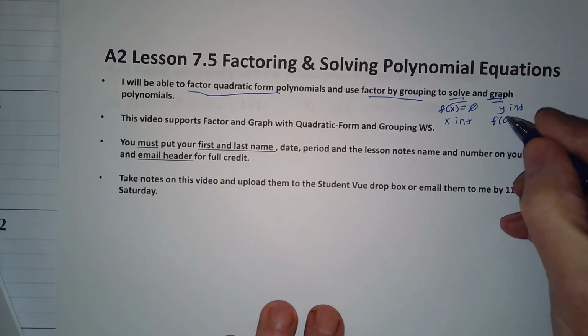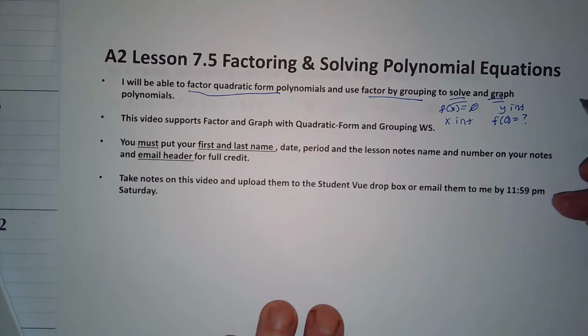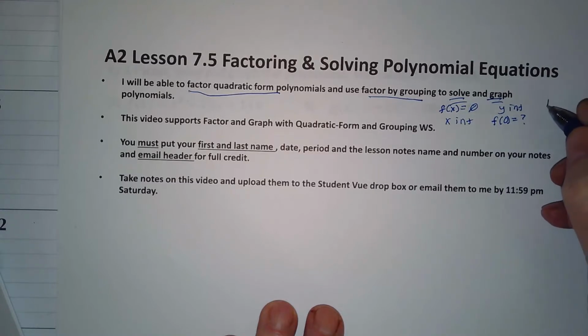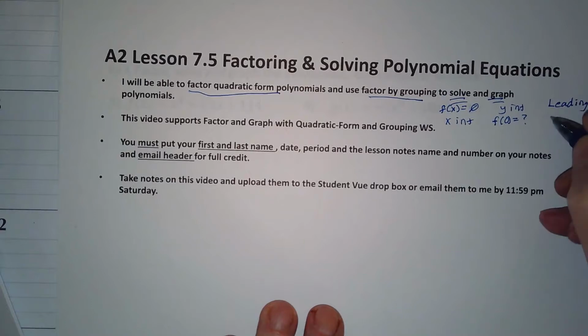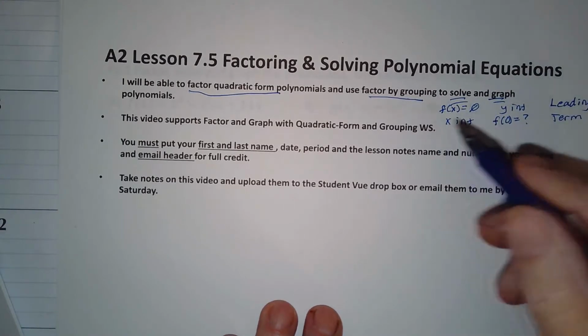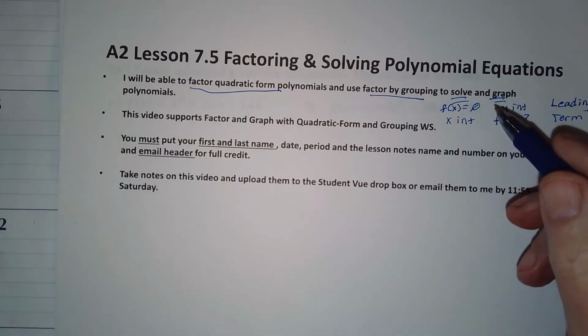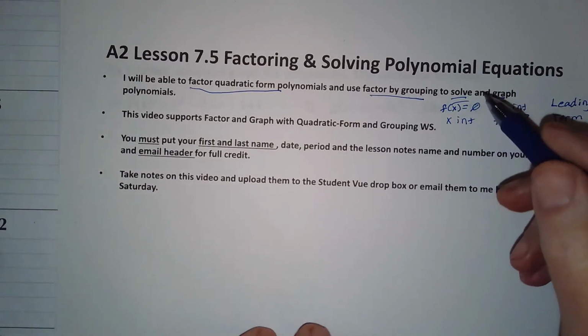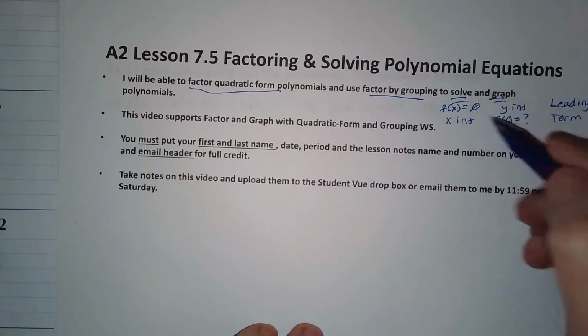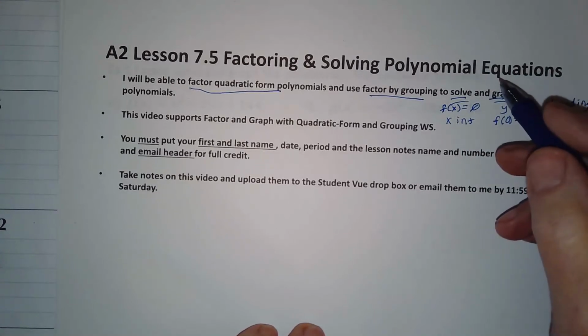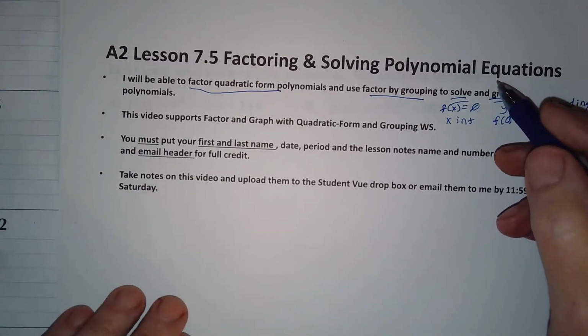So f of 0 equals whatever it's going to be equal. Okay? And then we need to also figure out what the leading term is, because the leading term is going to help us to determine how the graph starts and stops. So what are its end behaviors, where it goes. And we'll look at that here in just a minute.